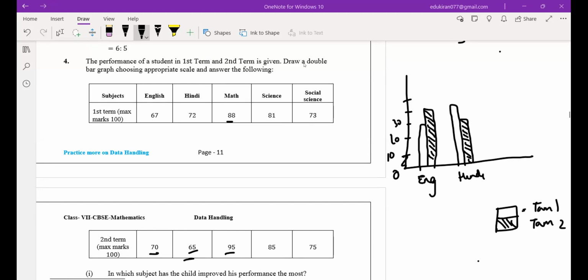Okay, guys, you got it? How to draw it? Ma'am, I got disconnected, ma'am.